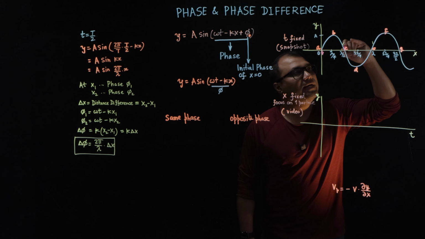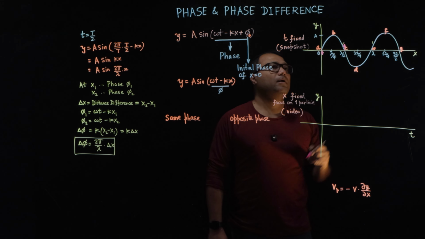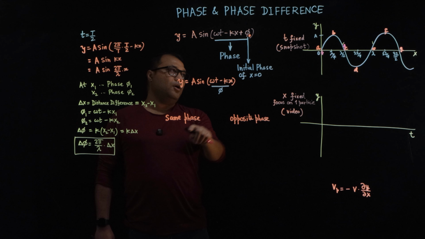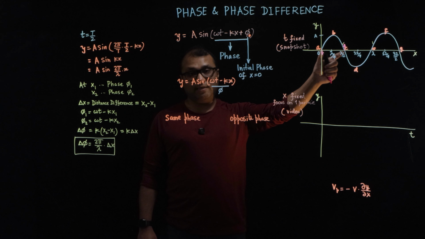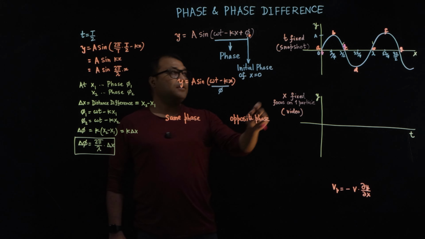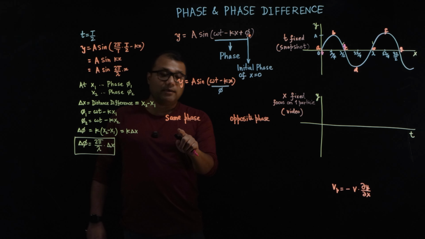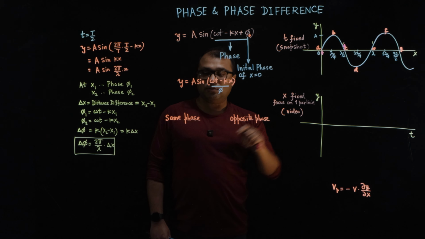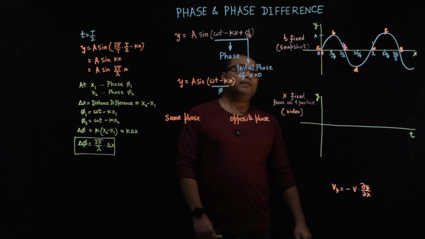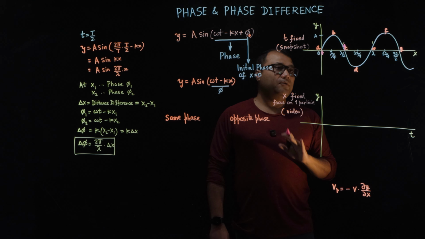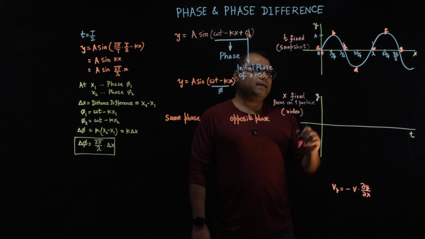This is actually trying to move up. So can we say A and C are in the same phase? Although their displacements are same, which is 0, and their magnitudes of velocities are same, their directions are opposite. So A and C are not in the same phase. We're just talking about velocity right now. Then we'll talk about acceleration as well.